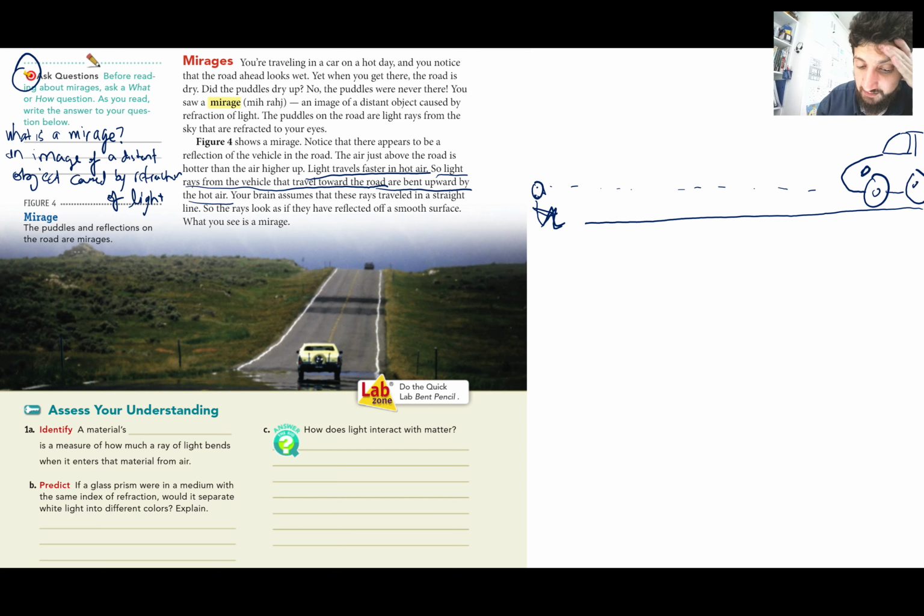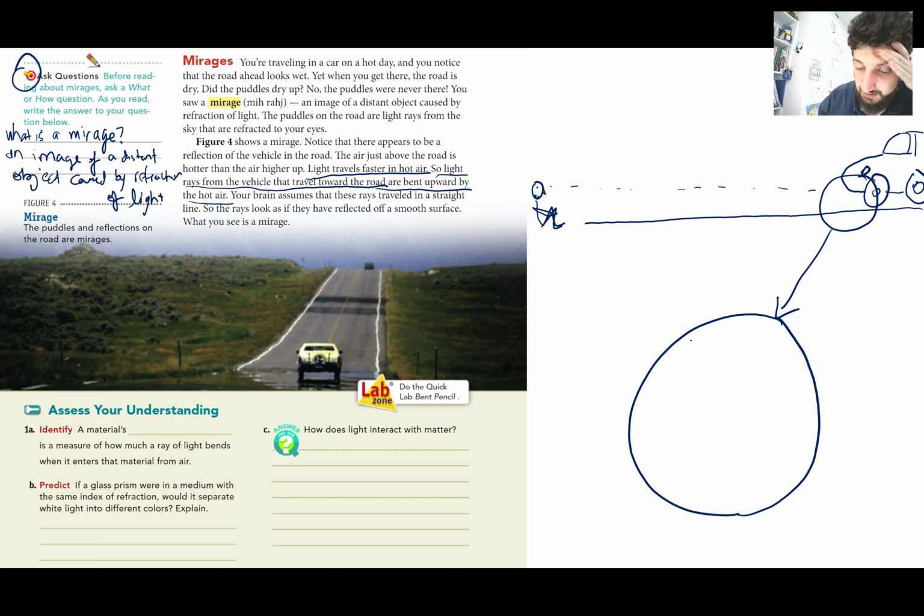Now, why does that happen? Let's have a look. Let's zoom in on this part here. What happens is the following. We have the road, which is very, very, very, very hot. Should I add another very in there?